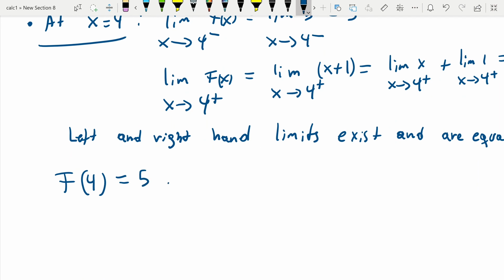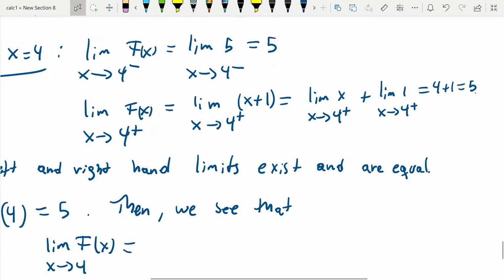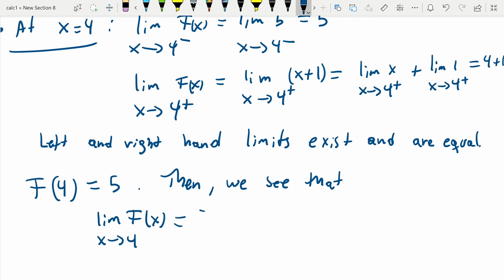So now we see that the limit of capital F of x as x approaches 4, when I'm not just talking about the one-sided limits, because we already checked that both right and left limits are equal to 5, so the whole limit exists, and it's equal to 5, which is equal to capital F at 4, which is what we just checked.